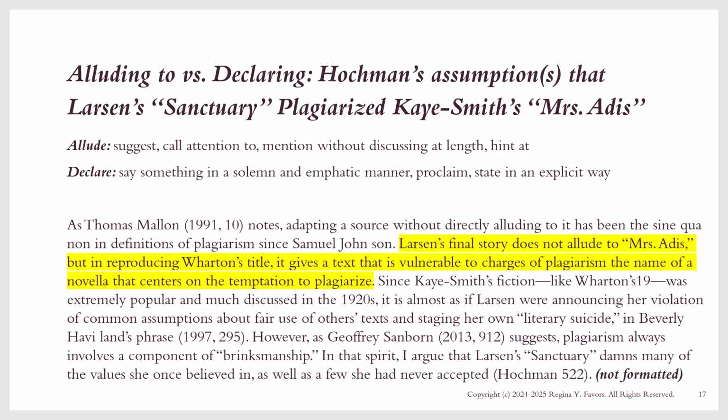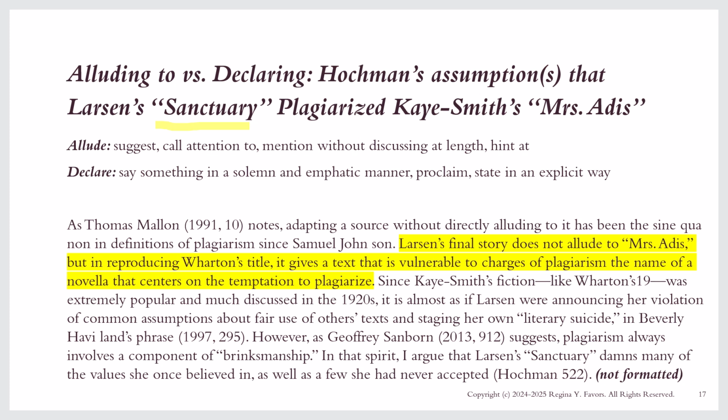She's saying that Larsen's final story, Sanctuary, does not allude, it does not discuss at length Mrs. Addis's work. But just because Larsen decided to use the title Sanctuary, which is a title of Wharton's novella, that it makes her vulnerable to charges of plagiarizing.